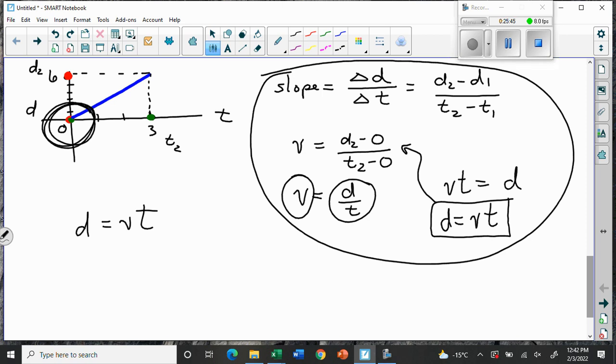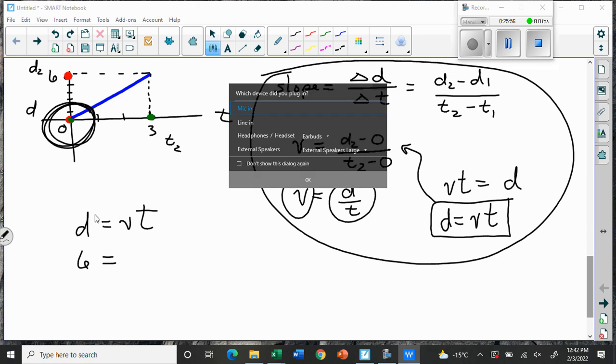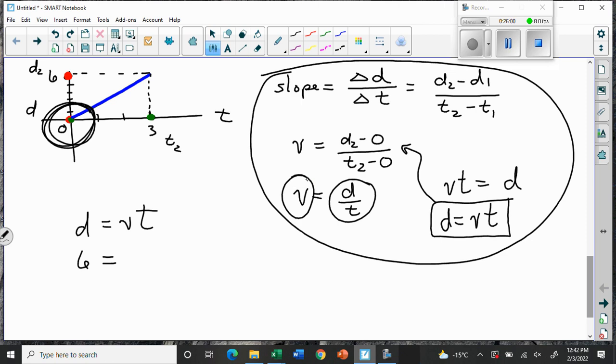And I can figure something out because the d is how far we go up the axis on the d. Well, that was the d2, that was the 6. And then the t was 3. So this would be a v multiplied by a 3.